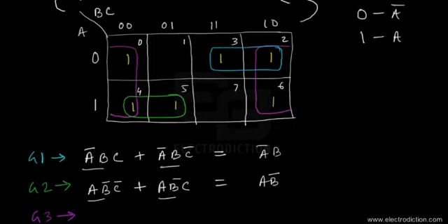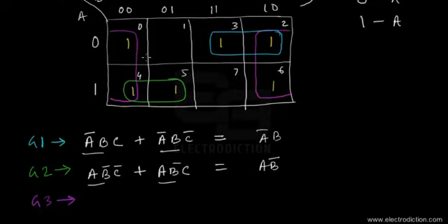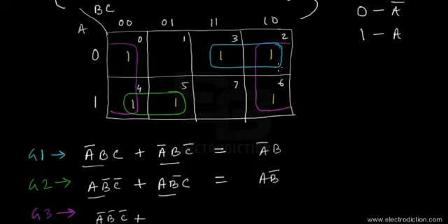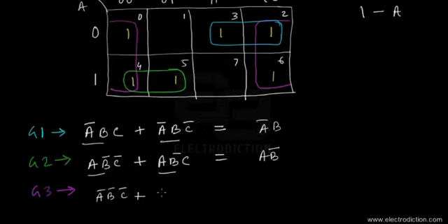So the min term for cell number 0 would be A bar, B bar, C bar. Then we also have cell number 2. For cell number 2, the variables A and C are zeros, so A and C would be complementary variables, whereas only B has the value 1. So the min term would be A bar B C bar. That's for cell number 2.